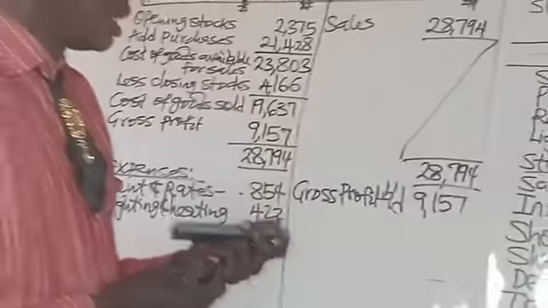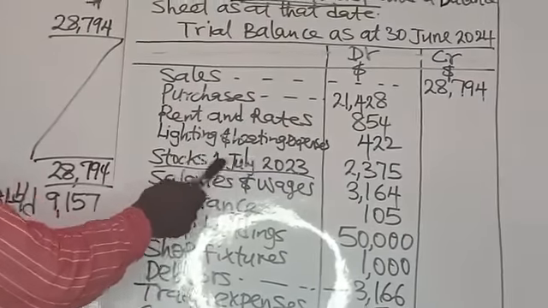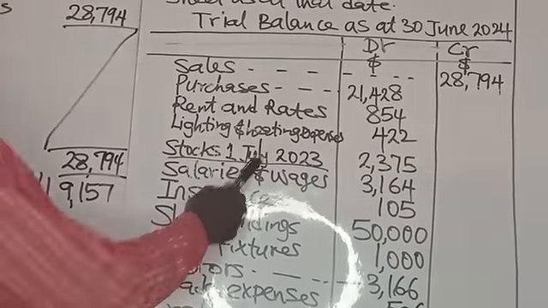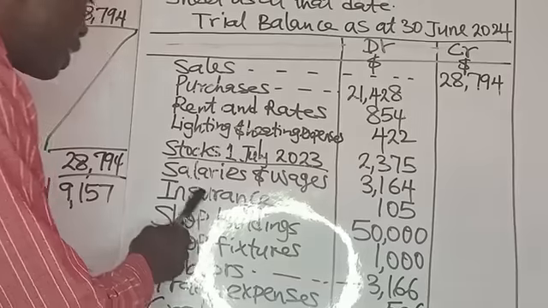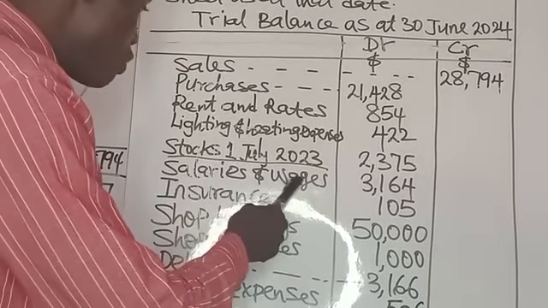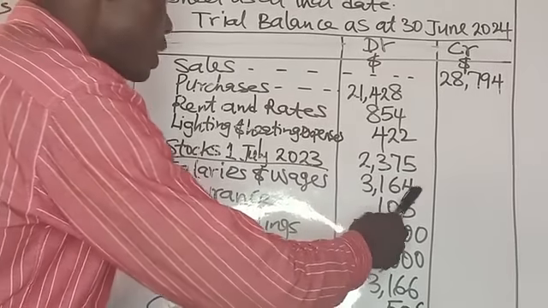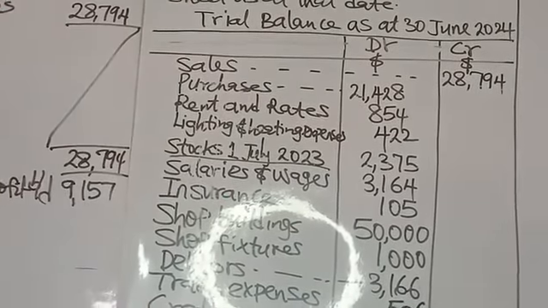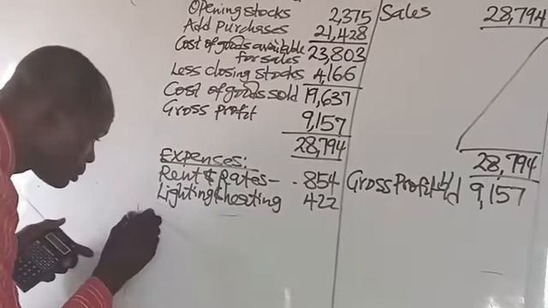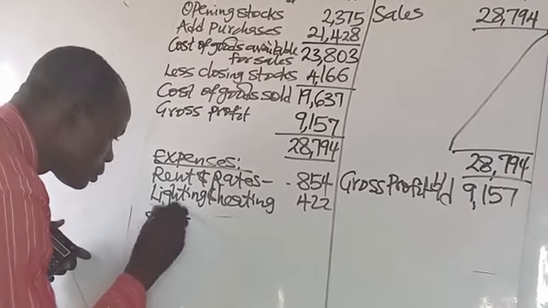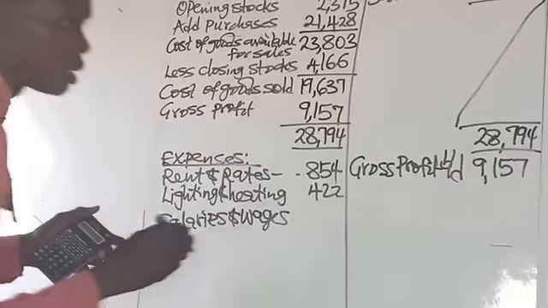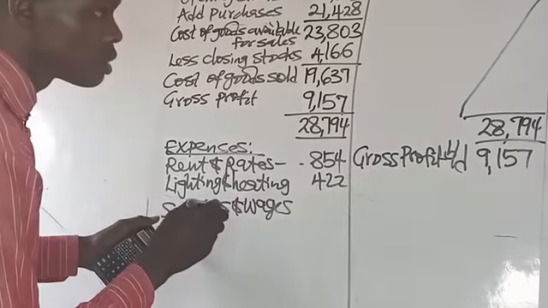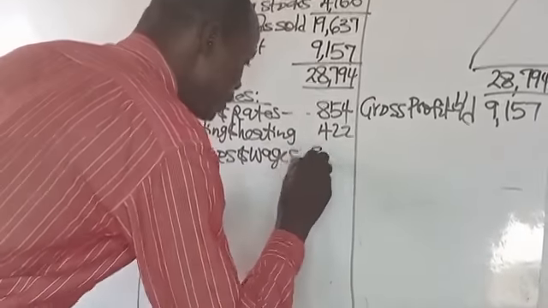Then we have stores at 1st of July, which is our opening stores, and that have been used earlier. Then we have salaries and wages of 3,164.